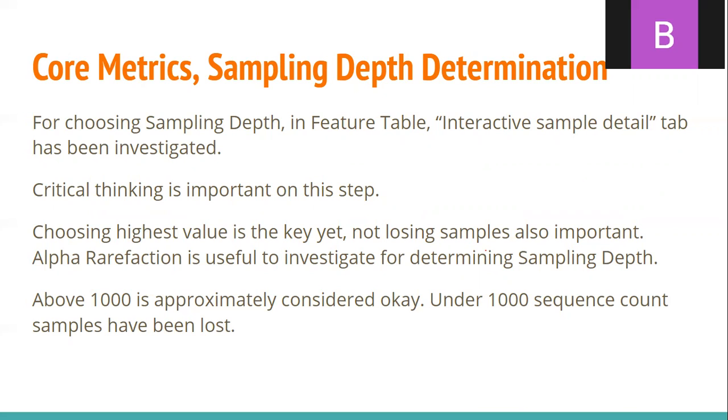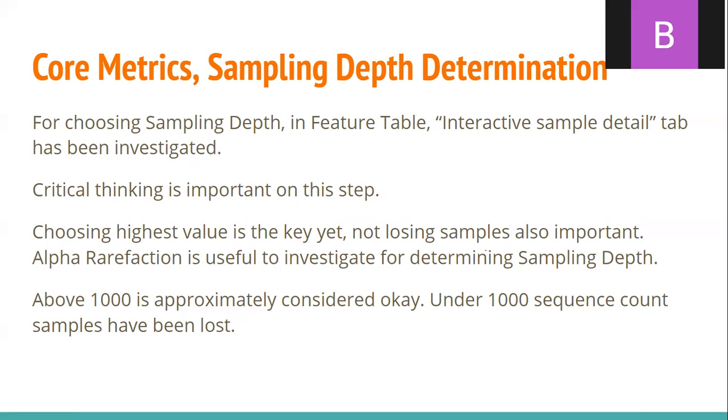Generally, thinking about 1,000 sequence count is good. However, the best method for determining the sampling depth is alpha rarefaction. Alpha rarefaction basically looks at which depth feature variance occurred and at which depth how many samples you have lost.